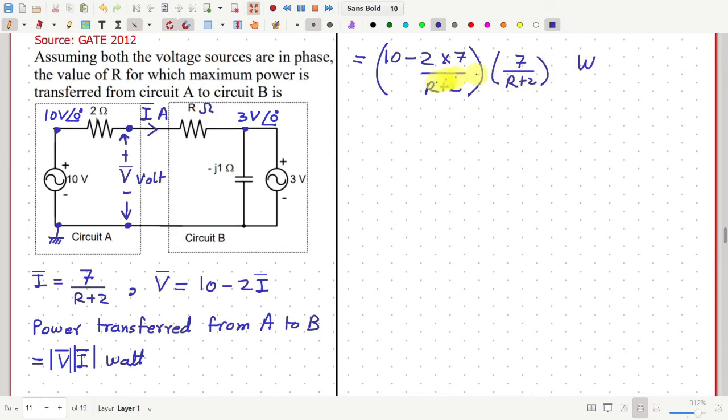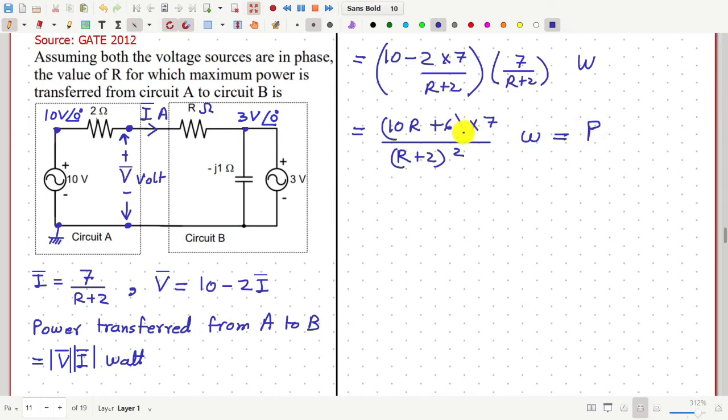This is in watt. This is equal to 10R plus 6 into 7 divided by R plus 2 whole squared. This is in watt. Call this power equal to P.